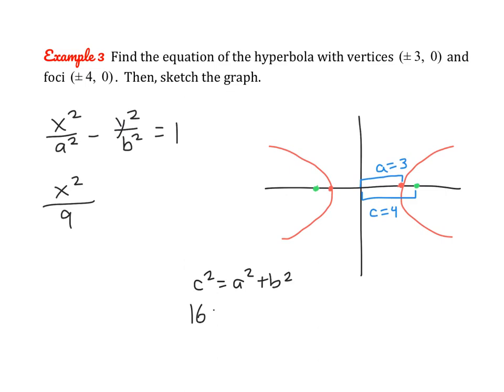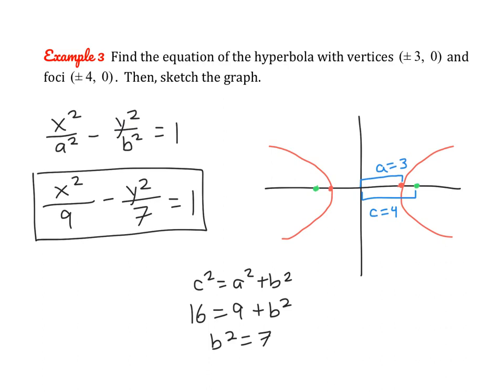So this gives us 16 equals 9 plus b squared, and that gives us b squared equals 7. And actually, b squared is completely fine for our formula. b would be root 7, but you're going to square it anyways, so we can just plug it right in. And this is the equation of our hyperbola.